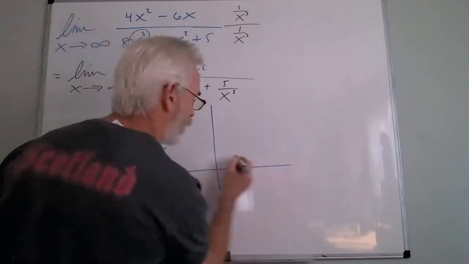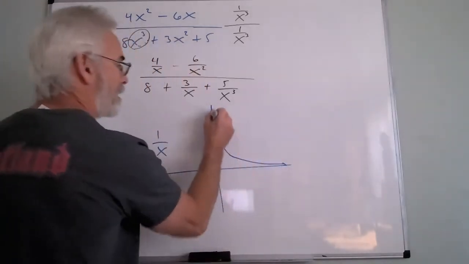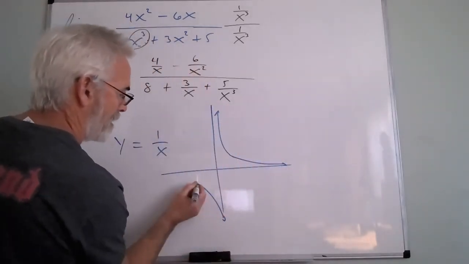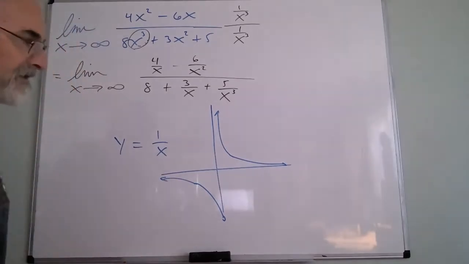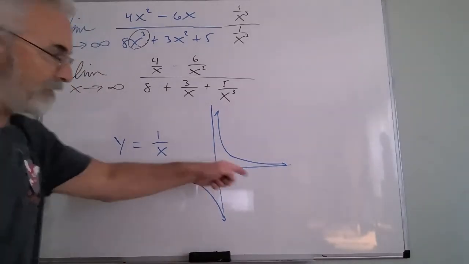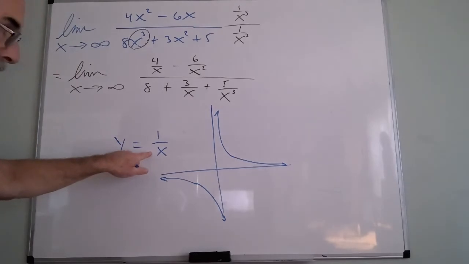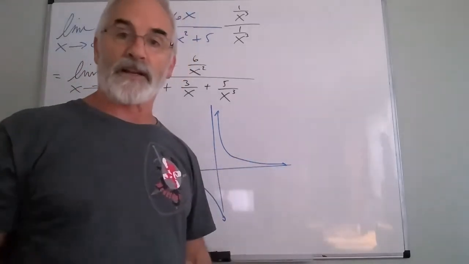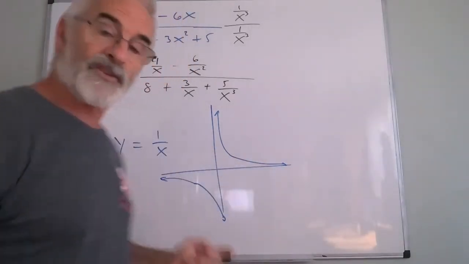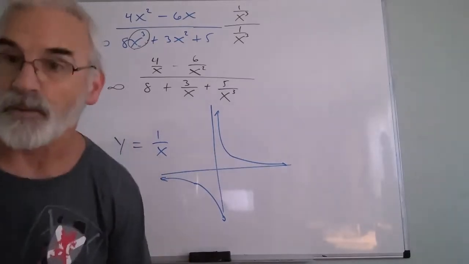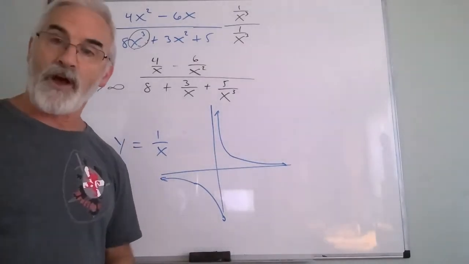Graphically, it looks something like this. Both the x and y axes serve as asymptotes, but look at the x-axis for a moment. As x grows without bound, 1 over x is getting smaller and smaller. Does 1 over x ever equal 0? No, it does not.